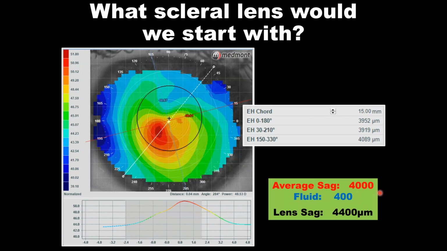We target 300 to 400 microns on application of the lens, knowing that the lens is going to sink in about 125, maybe 150 microns, and that should leave us with possibly 200 to 300 microns of fluid. If you prefer less fluid layer, then just make your adjustment, your fluid thickness factor a little bit lower.